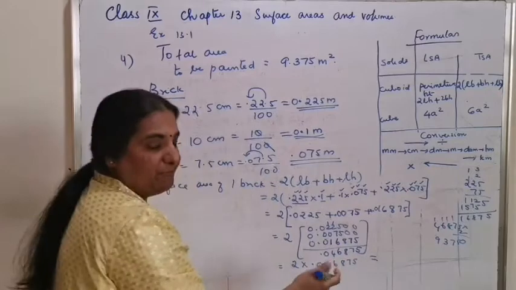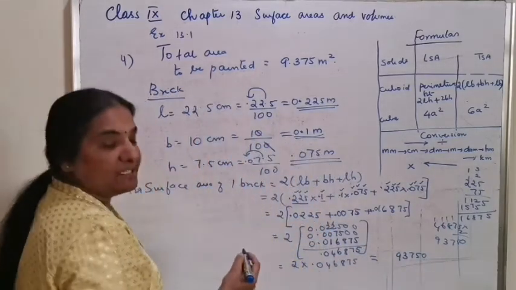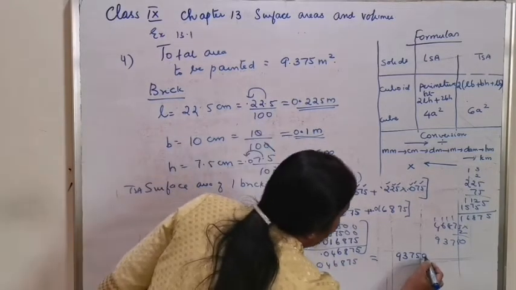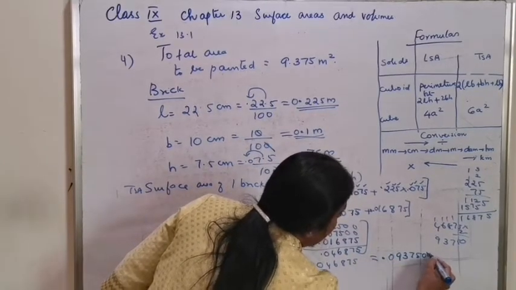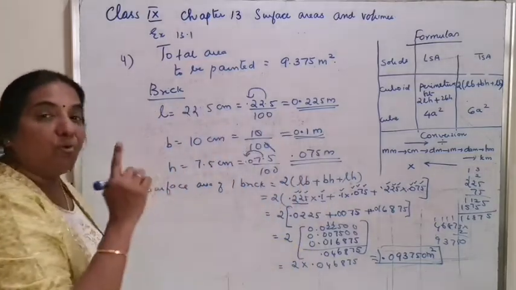Let's write the number first, 93,750. Now, how many decimal places? 1, 2, 3, 4, 5, 6 decimal places, that many meters square. So, this is the surface area of one brick.